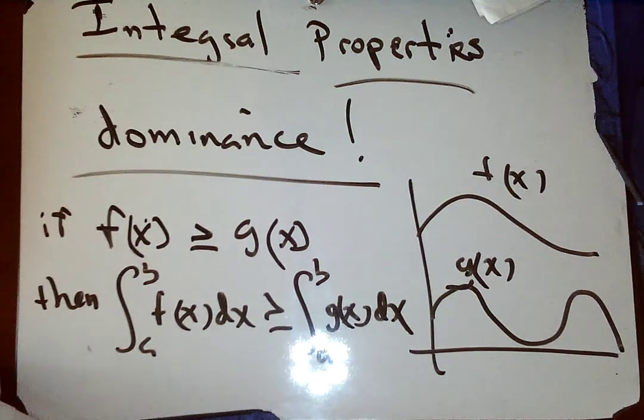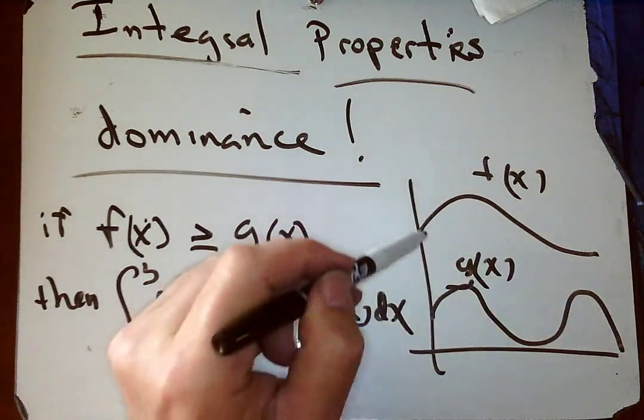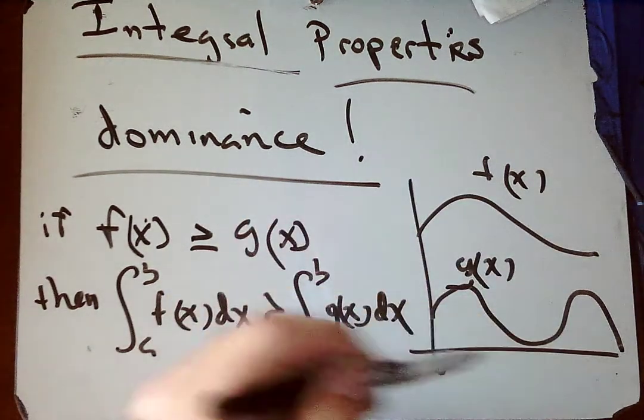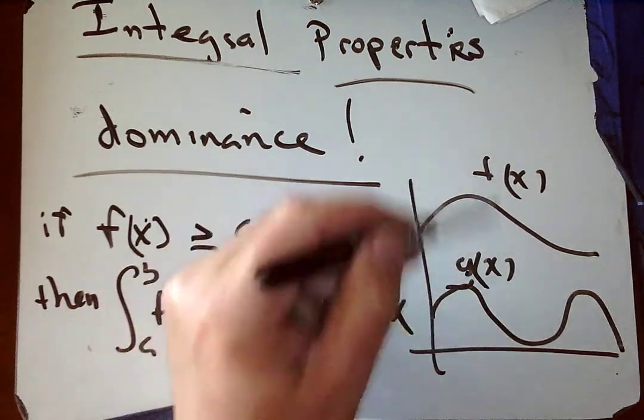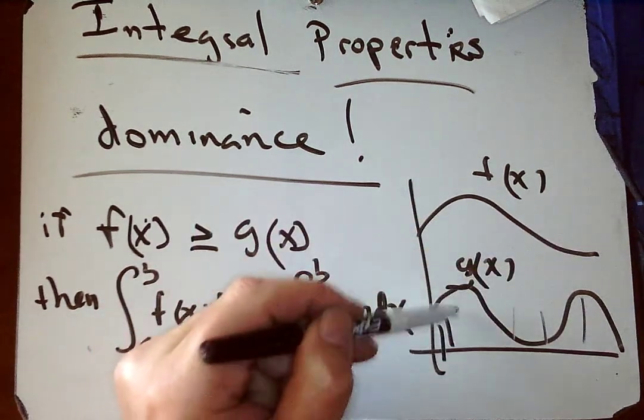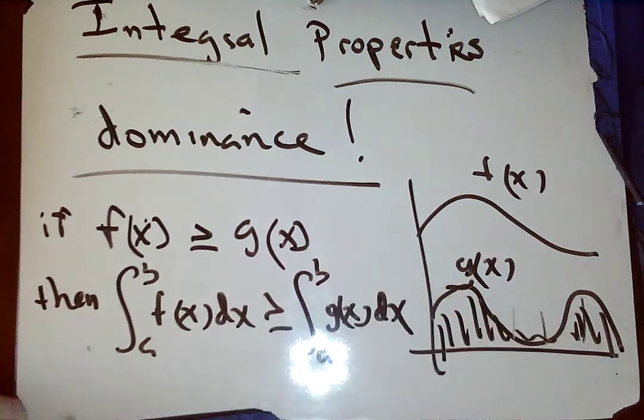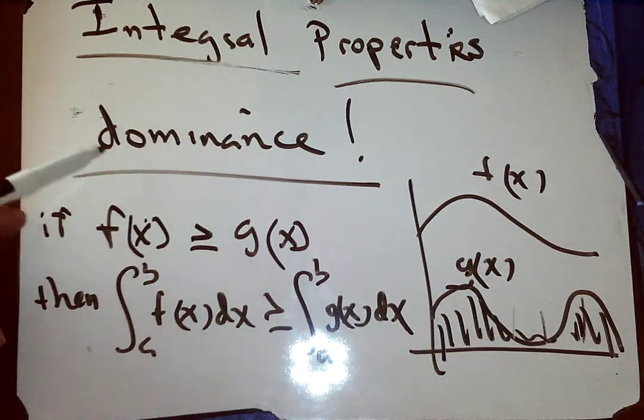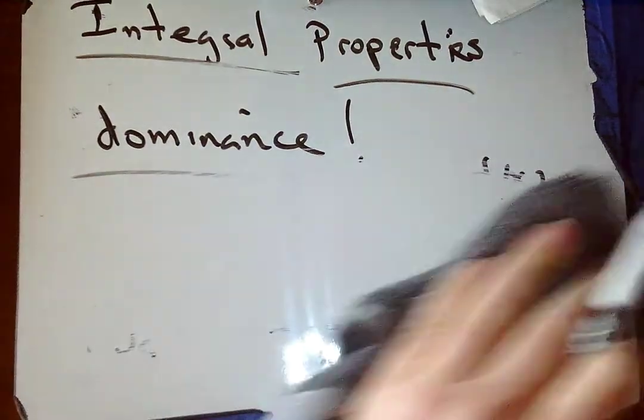And don't you just want to say, duh, if this curve is always above this curve, then that area is definitely going to be bigger than that area. Yeah, for sure.